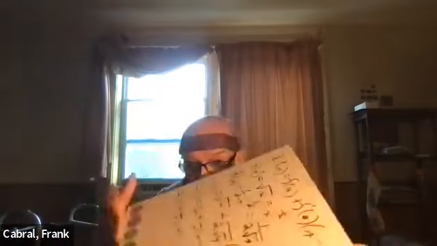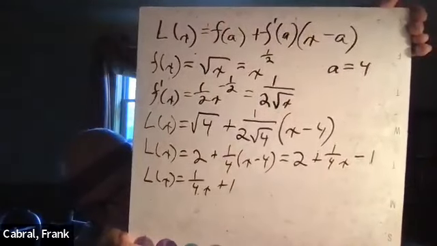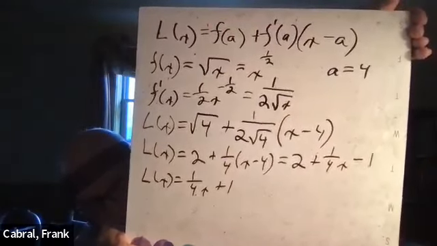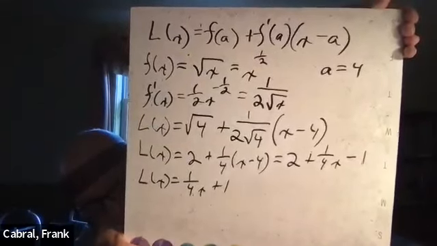Now, one of the things that we can do, and to show you this, is to actually show you on a calculator that this actually works. Now, the calculator is not going to find you the equation of the tangent line, but it can definitely confirm whether you've done this correct or wrong. And that helps.